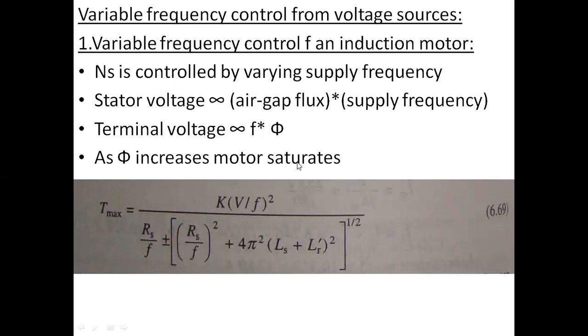This increases the magnetizing current. As the flux increases, obviously the magnetizing current will also increase. As the magnetizing current increases, the line current and voltage will be distorted. This increases the core losses and stator copper losses.